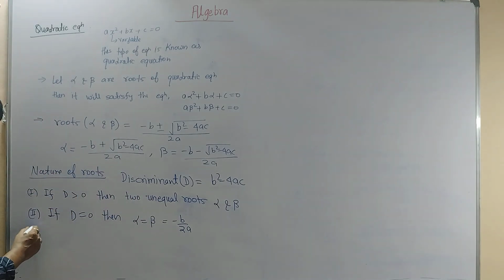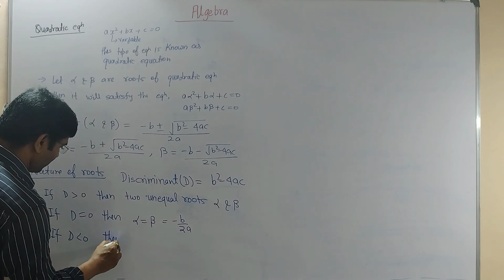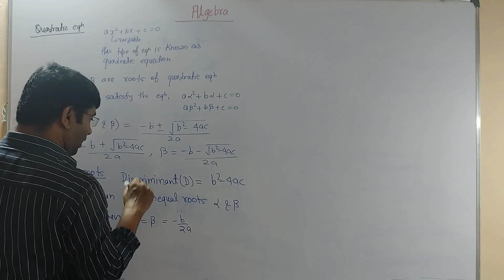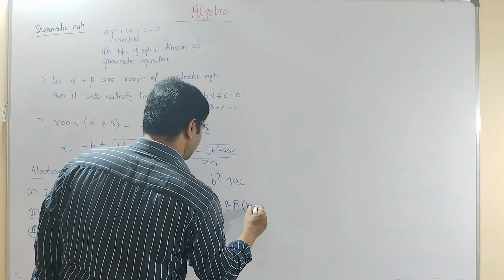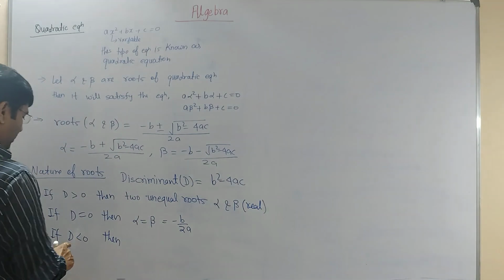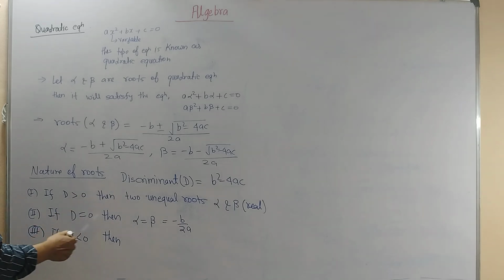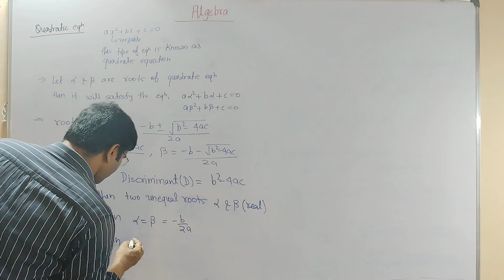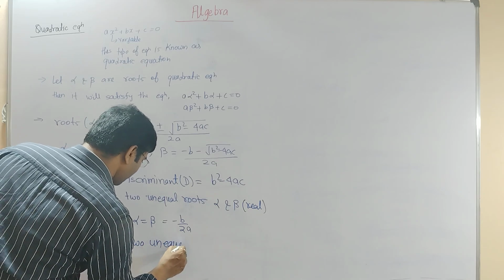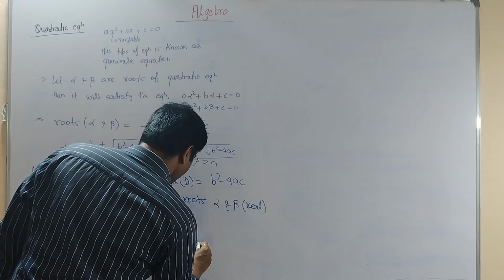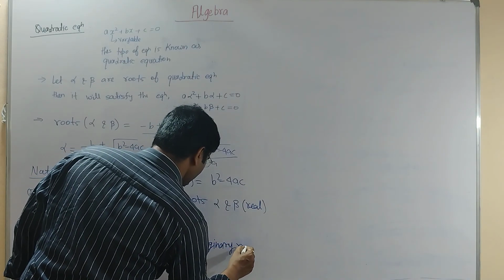Third case, if D is less than 0, then we will get imaginary roots; we will not get real roots. If the value inside the under root is negative, it is not defined, so the roots are imaginary, non-real, and unequal.